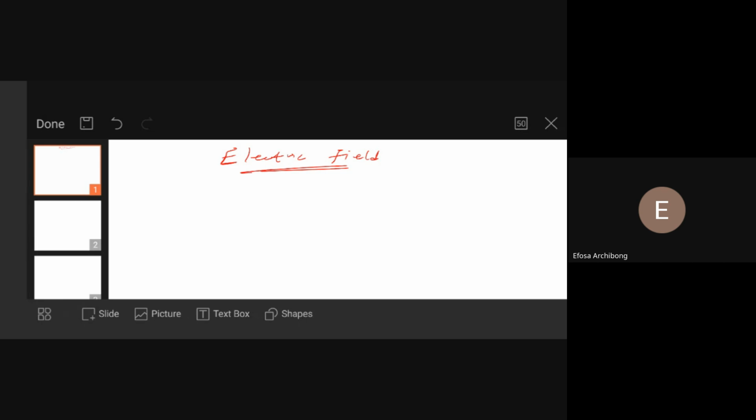Now, what exactly is electric field? Let's start with that. Who can come to the rescue? Can anyone try, in 5 seconds? What is electric field? Okay. An electric field is simply a region of space where a charged body experiences an electric force. That's what it is.